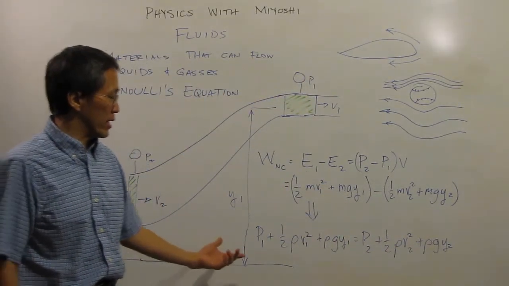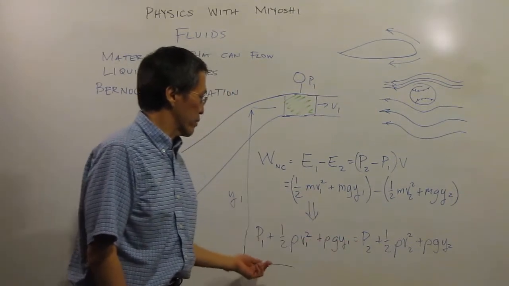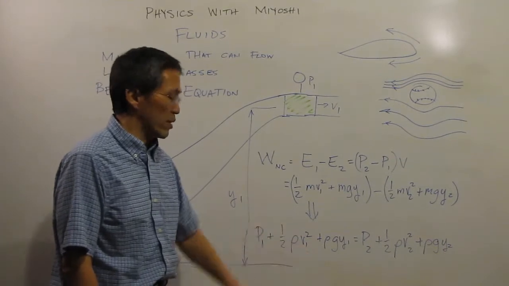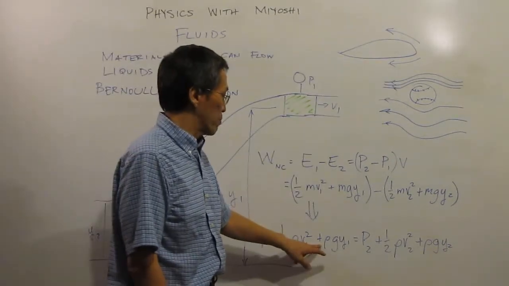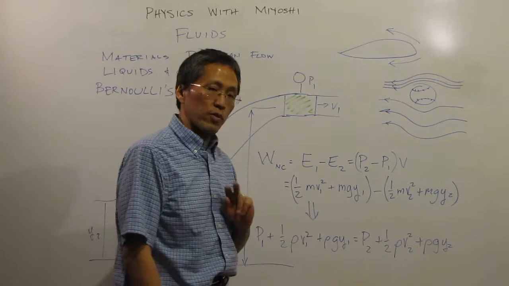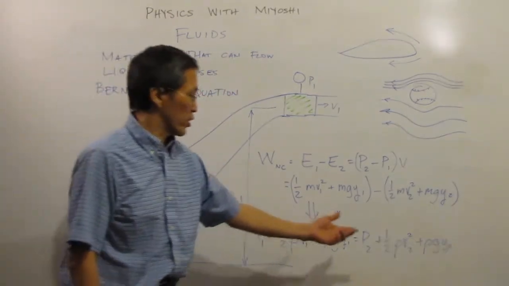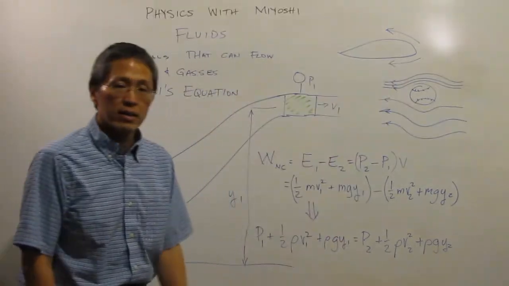And that just tells me that the pressure change has got to be equal to the density times the velocity squared plus the density times the acceleration due to gravity times the height. And the difference of those two would be the difference of my pressures.